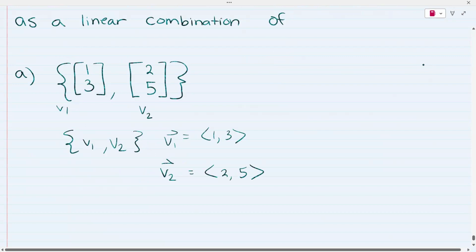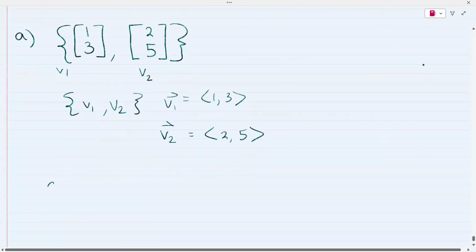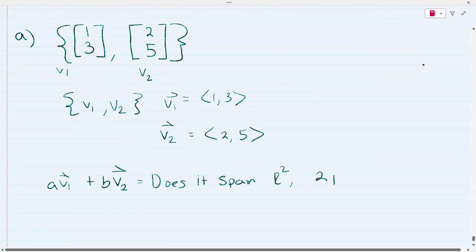So what this really means is, does a V1 plus b V2 span R2, or two pivots?